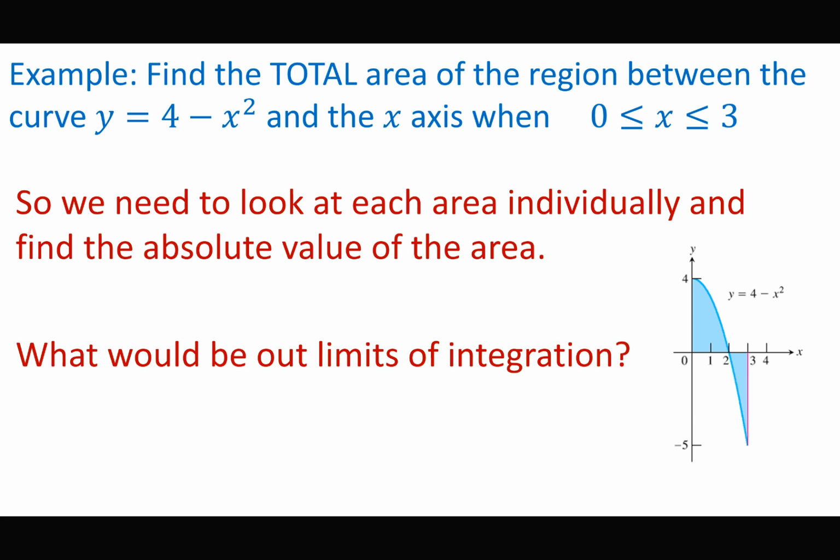So we need to look at each area individually and find the absolute value. So this interval, I'm going to split up from 0 to 2, and then combine that with my integral from 2 to 3.